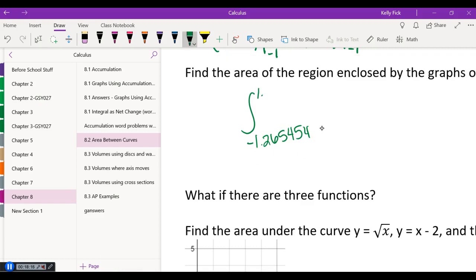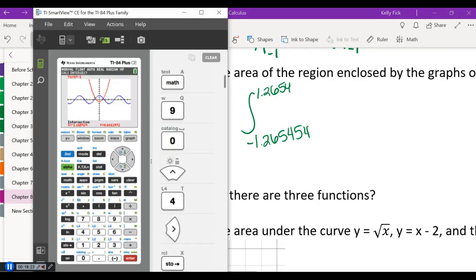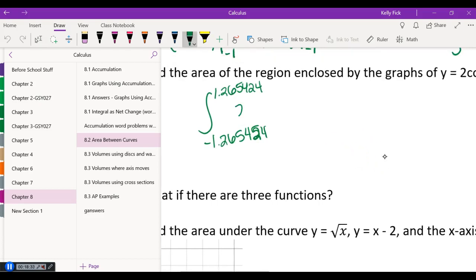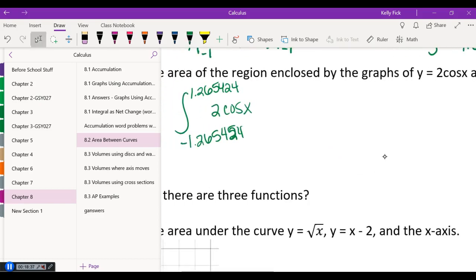And then on the top end, it's the same number but positive, correct? That last digit is a 2. So that's what you're integrating, and you're doing 2 cosine of x minus the integral between those two of x squared.